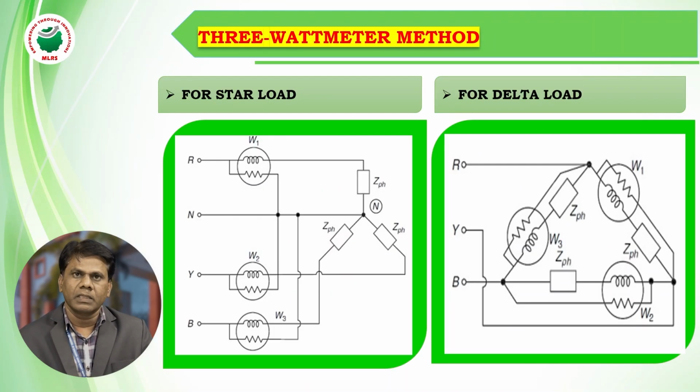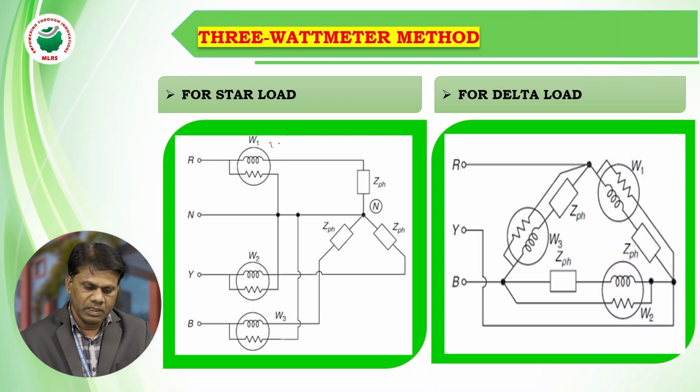So this is the connection. Each wattmeter is inserted in each phase of the load. Wattmeter 1 is inserted in the R phase, wattmeter 2 in the Y phase, and wattmeter 3 in the B phase for a star connected load.